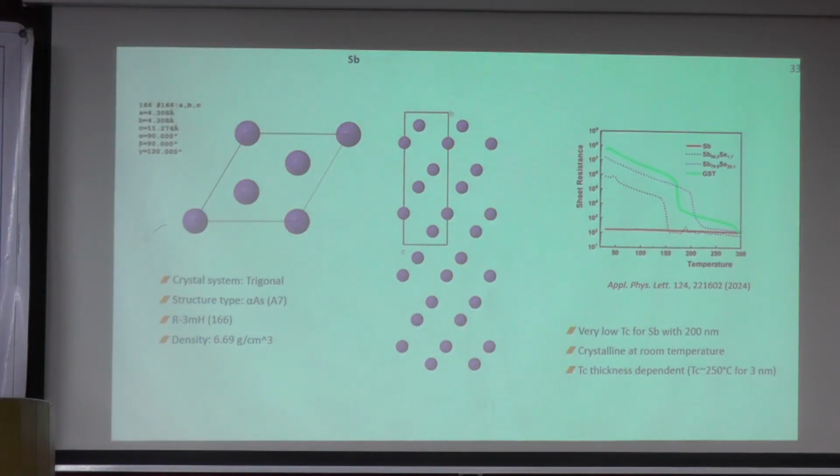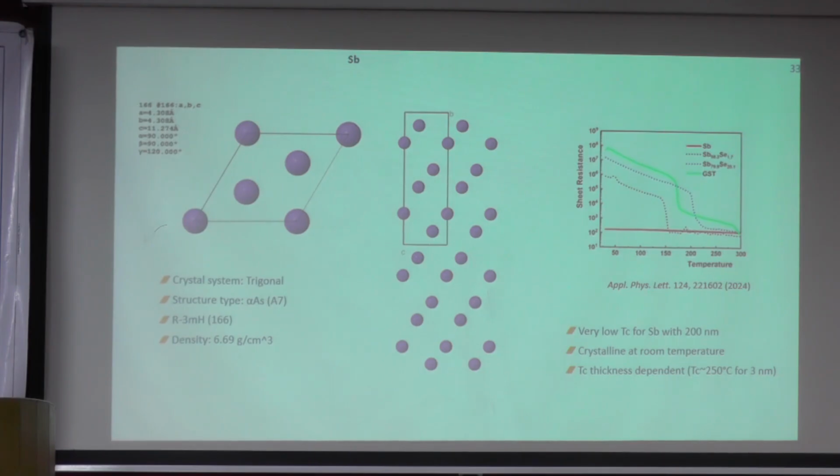Now to the antimony system. So antimony is also one very famous phase change material. Why is it famous, maybe you have some idea. Because it contains only one sort of atom.